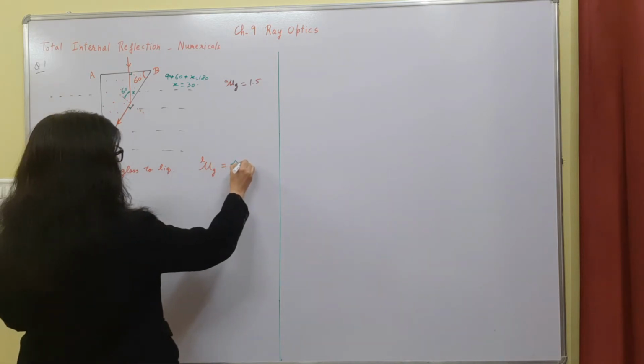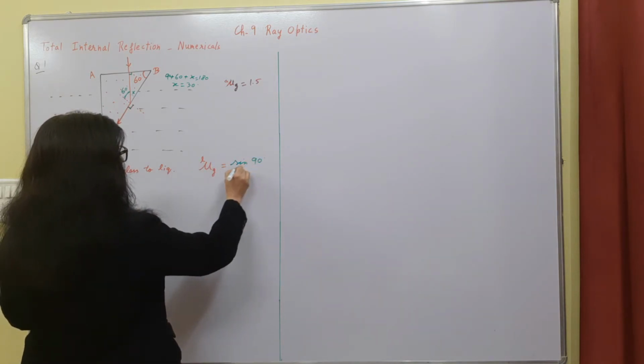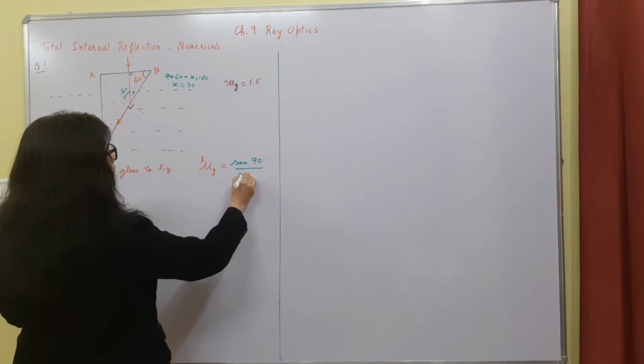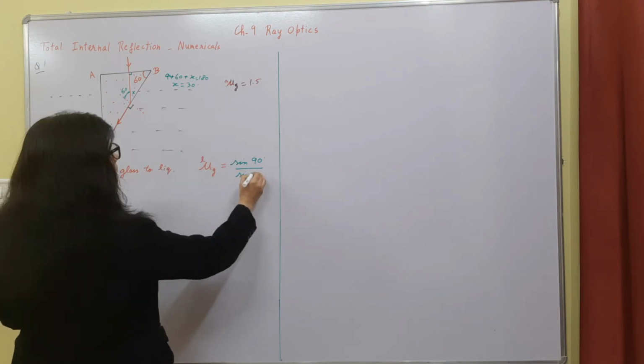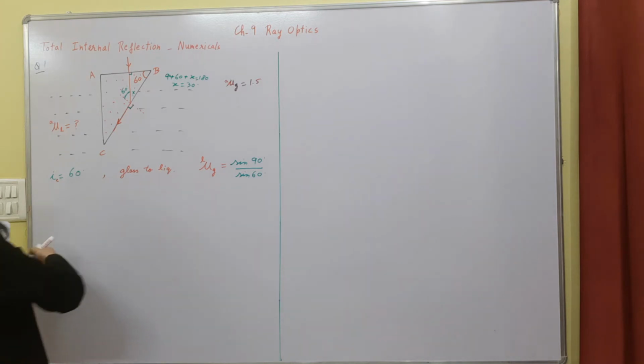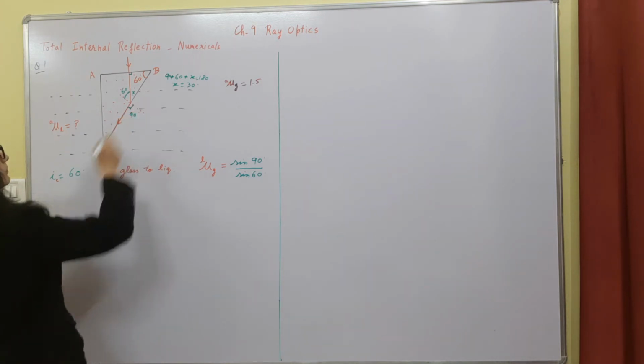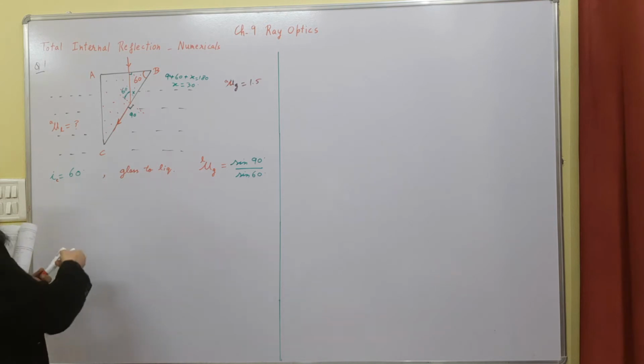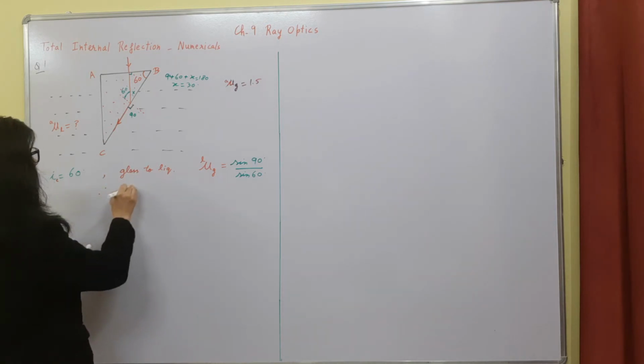So this is sine of 90 degree upon sine of 60 degree, right? And this can be written as mu g upon mu l.